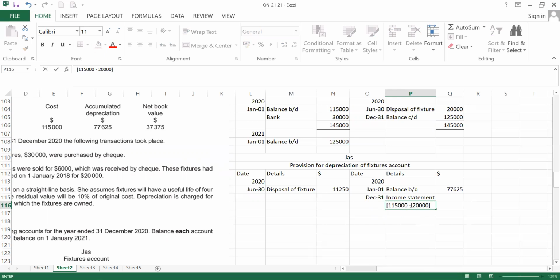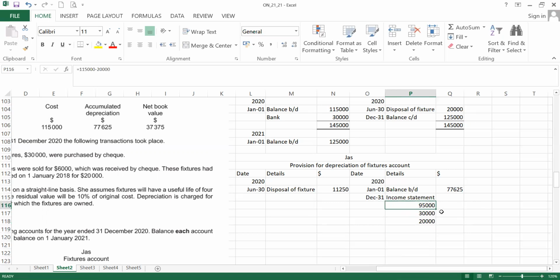Let me count, equal 11,500 minus 20,000. So this is the old asset, and then the new asset 30,000, and then the disposal asset 20,000.